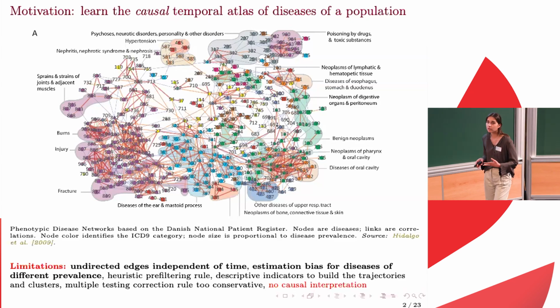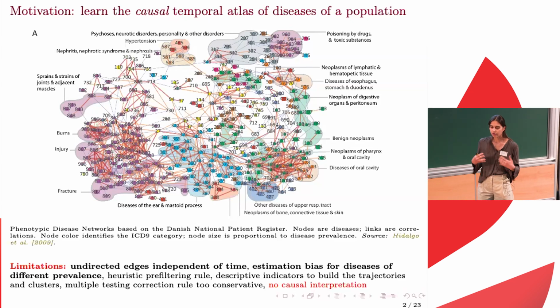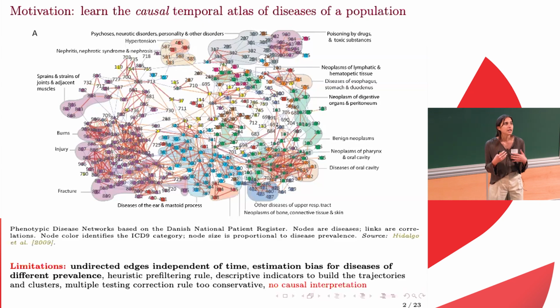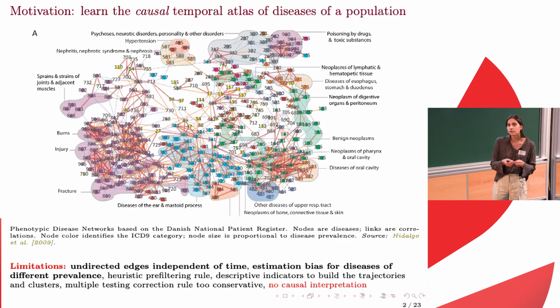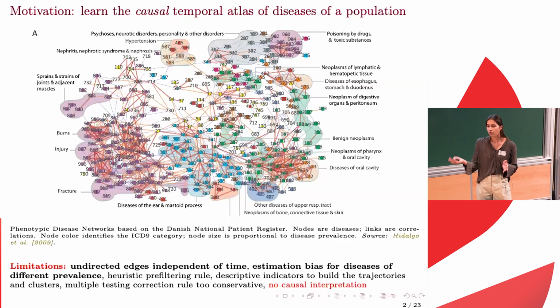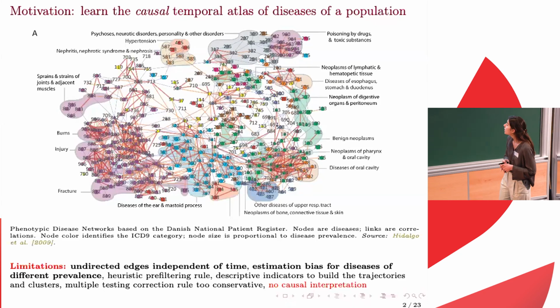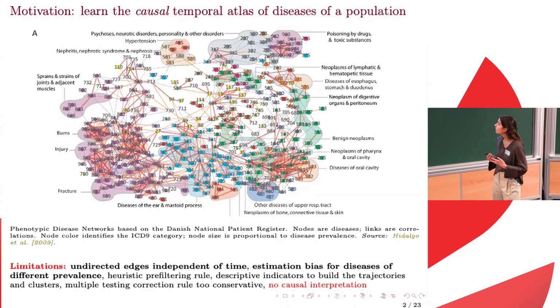So in Denmark, all the data related to the health of the population is centralized. And so we have theoretical access to the follow-ups of all the individuals of the Danish population. And there have been some works already published, for instance, in Nature.